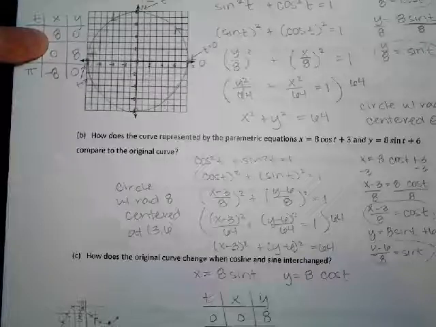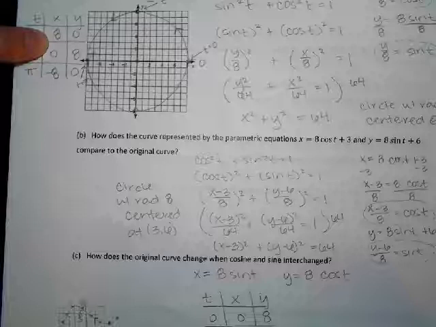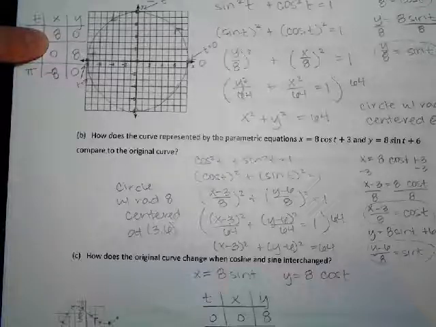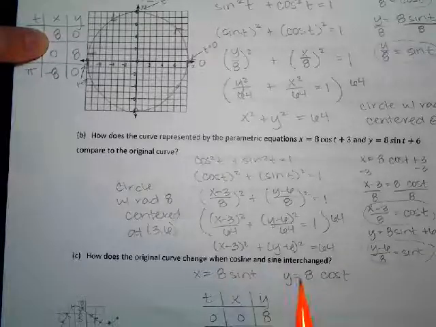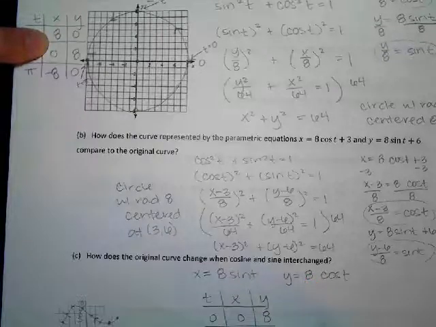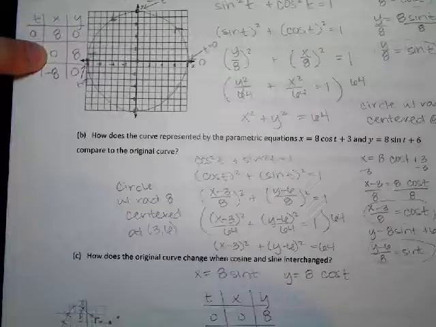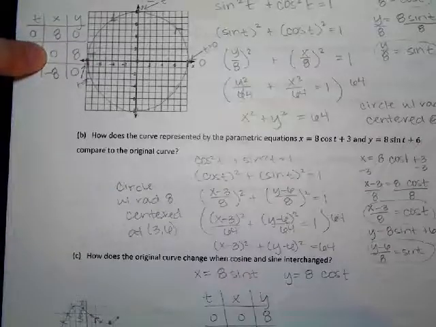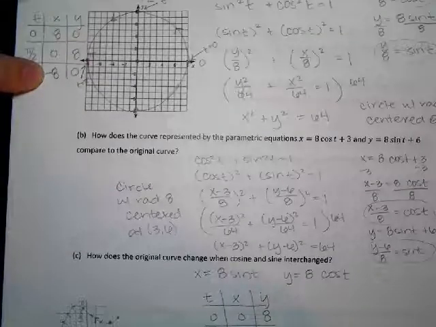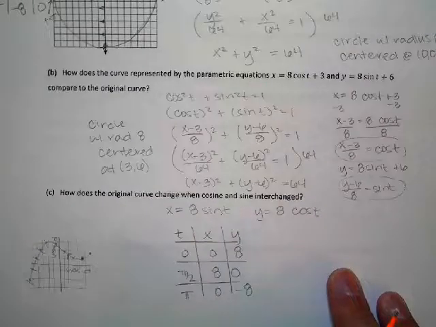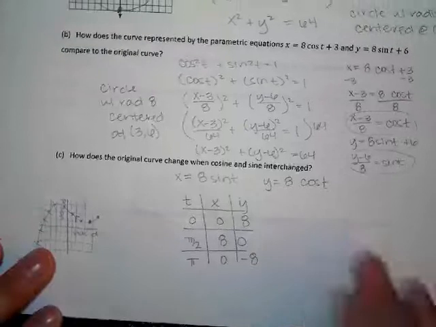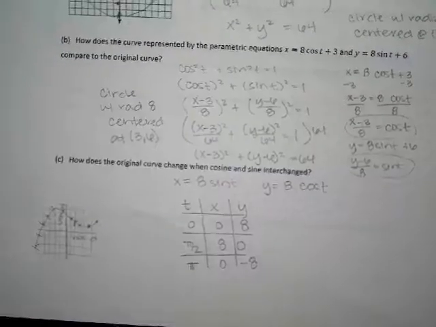But wait until you see what happens. It's different than that, yeah. The next point wouldn't have been 0, 8, it would have been 8, 0. And then the next point wouldn't have been negative 8, 0, it would have been 0, negative 8. So that's what would have happened if we had traded them. So I'm going to get out so we can see where we would have started. If we had done that, then 0, 8 is up here.